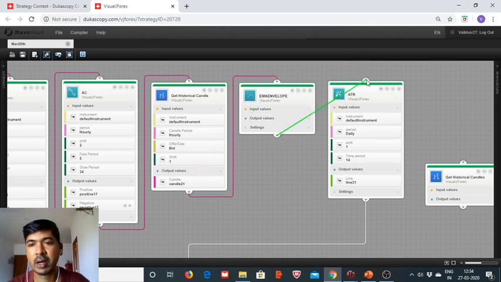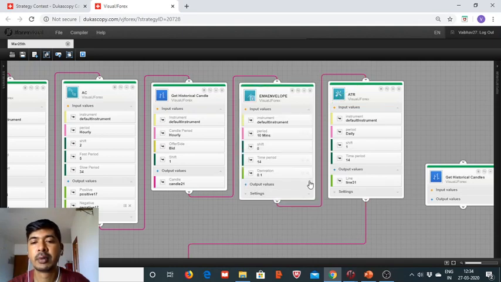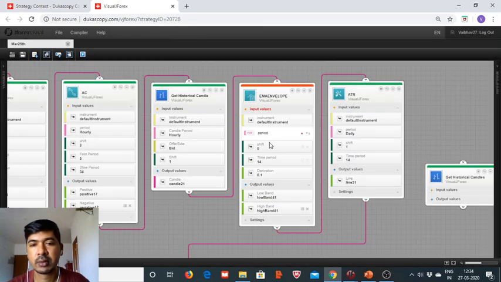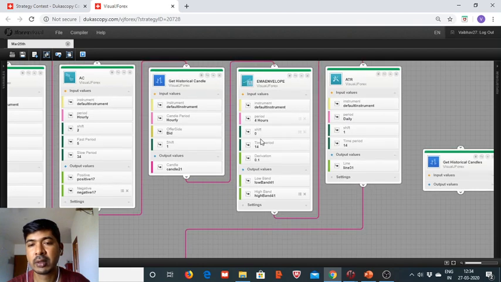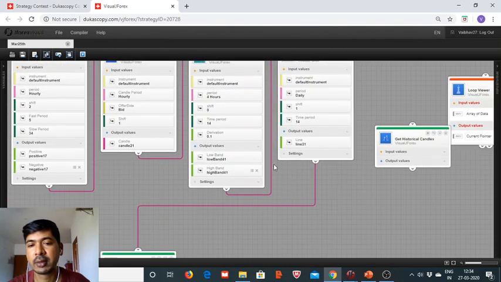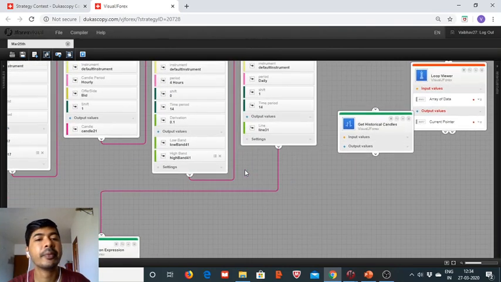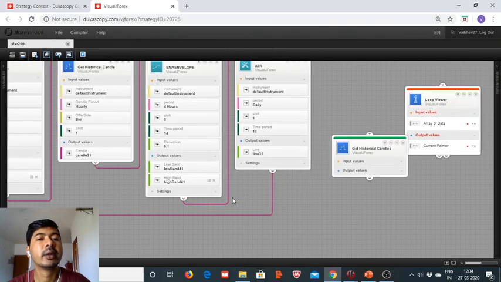So here we are. We change this to 4 hours. Shift. No, we are not going to do any changes, and these values will remain as they are. Okay.